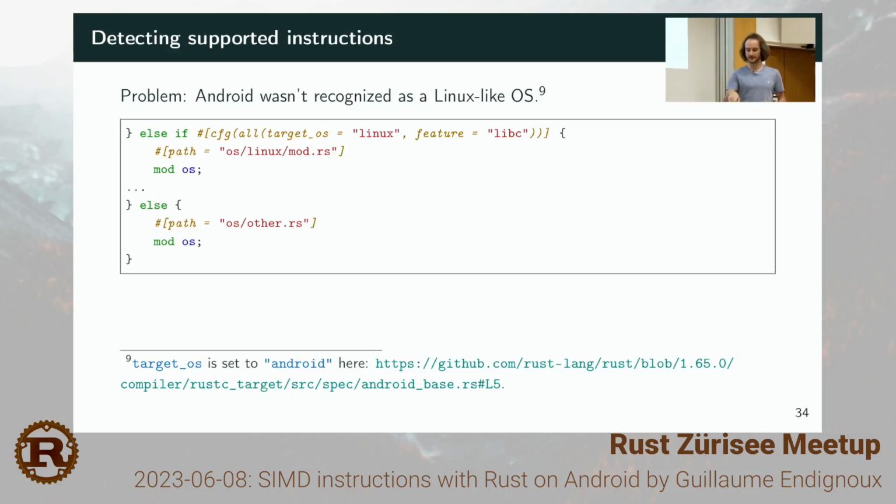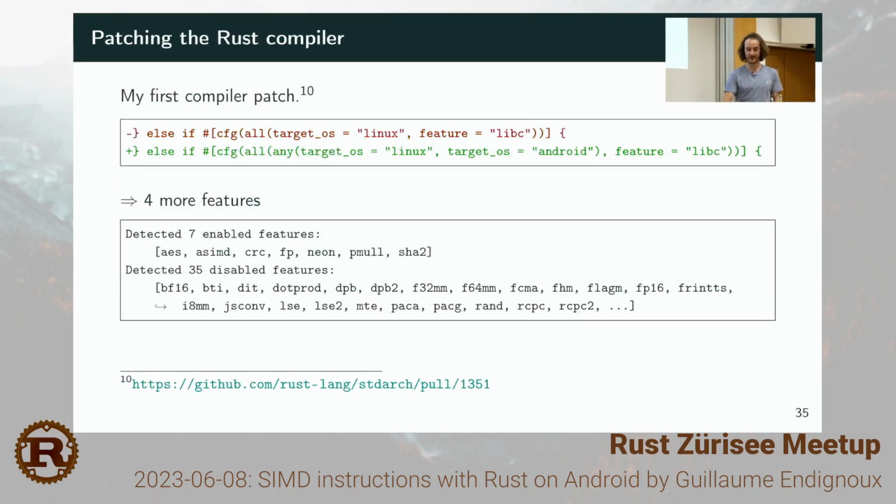And the thing is, for Android, the target OS string is set to Android and not to Linux. So the block for Linux wasn't called. Instead, there was just a fallback at the end, which wasn't detecting anything because it cannot do any better. So that was the root cause of the problem, which led me to my first patch to the Rust compiler.